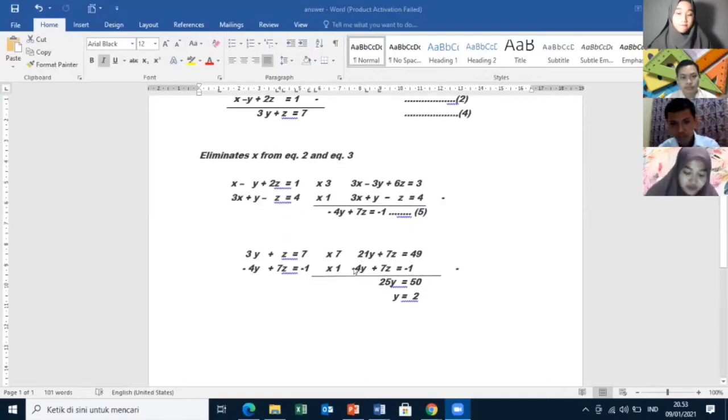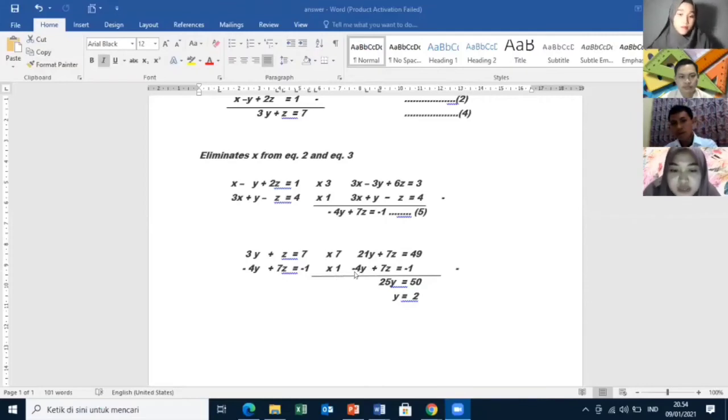After that, we find the value of y using equation 5 and equation 4. Equation 4 is 3y plus z equals 7; we multiply by 7 to get 21y plus 7z equals 49. Equation 5 is minus 4y plus 7z equals minus 1, multiplied by 1.